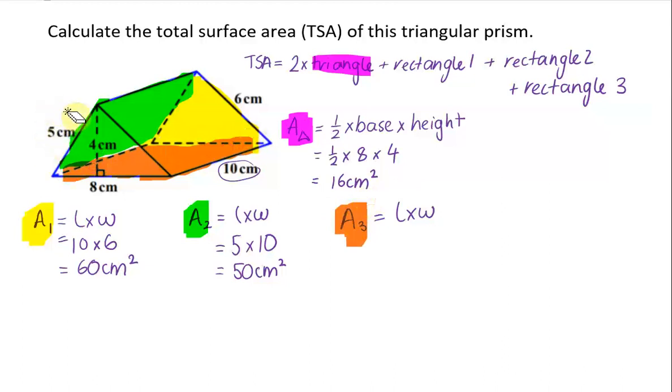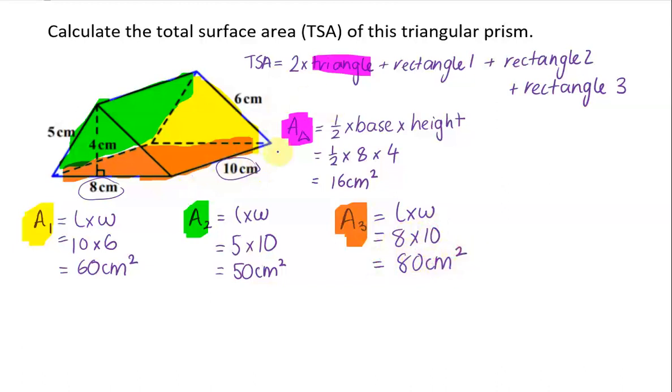So again, we multiply length times width. The length of our rectangle is 8 centimeters on this side here, and the width is 10 centimeters on this side here. So we have 8 times 10, length times width, equals 80 centimeters squared.